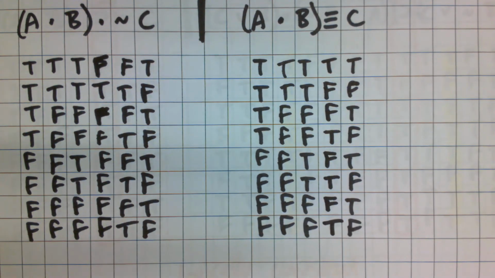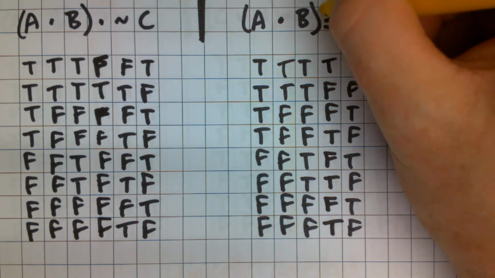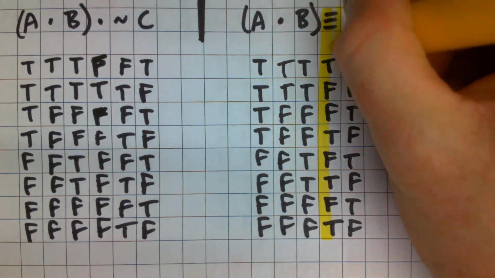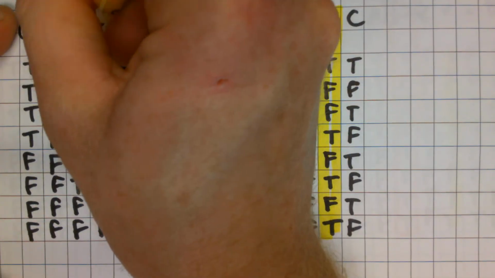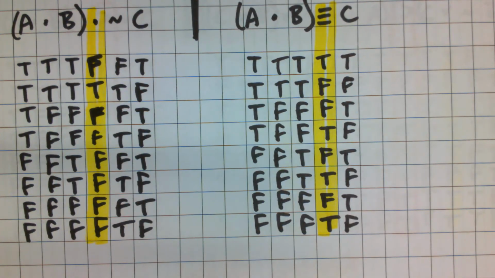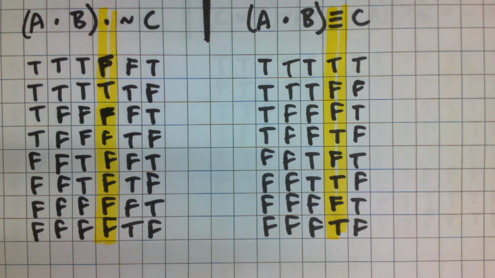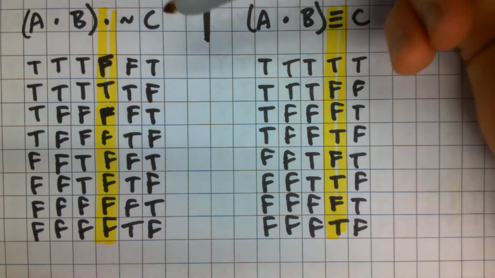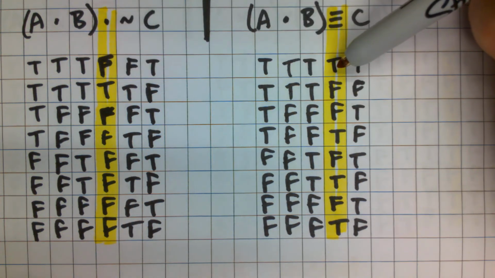Okay. Now I can compare these statements. To compare them, I look at the main operator in each statement. And I'll start with the first row. What I see is false and true.